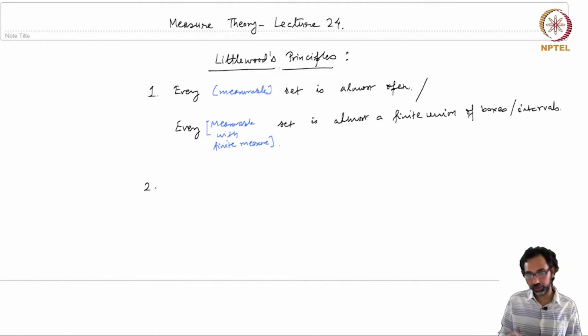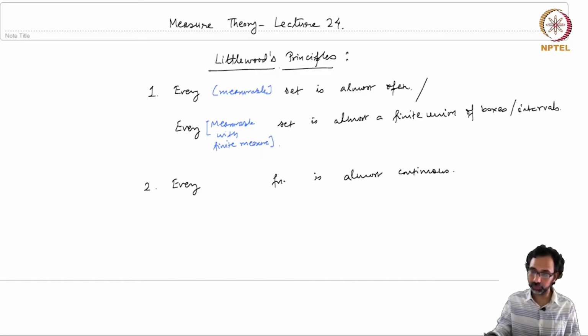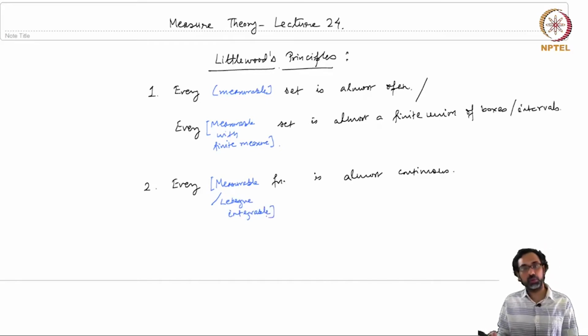Littlewood's second principle says that every function is almost continuous. Here also the catch is that it should be a measurable function, or we will see that it also works if it is a Lebesgue integrable function. Once we define what a Lebesgue integrable function is, we will see that these functions are almost continuous.